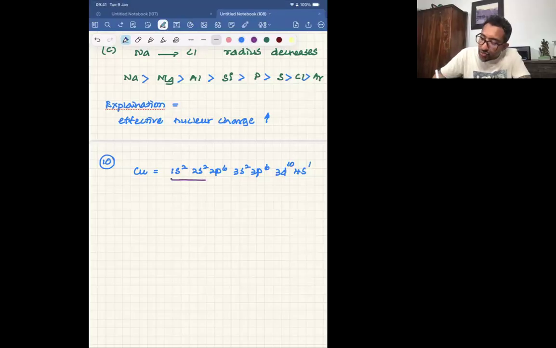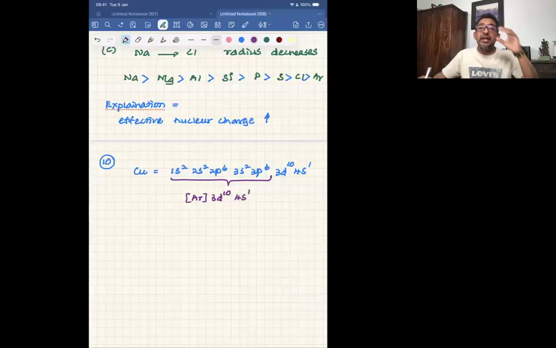This part is what is called argon configuration. So you can say argon configuration 3d10 and 4s1. Okay. So copper plus is not 3d9, 4s1.